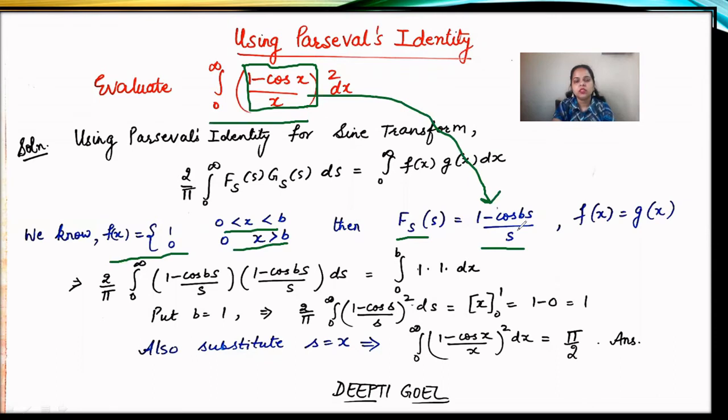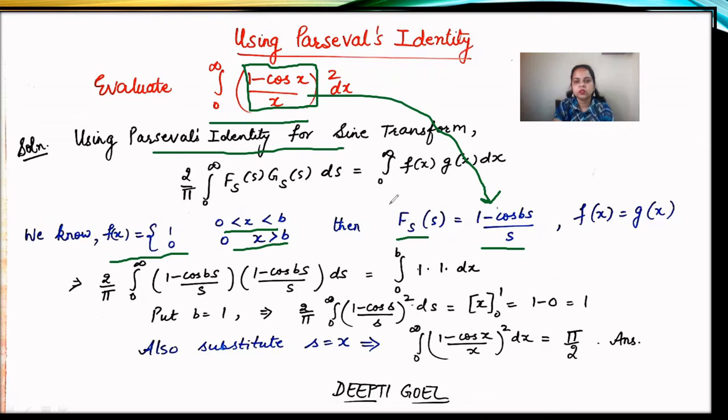So upon judging this type of functions and their Fourier transforms, we are able to apply the Parseval's identity for the sine transform. When we have judged our function and its Fourier sine transform, and we can relate that to the question itself, then we are able to decide which Parseval's identity we should apply.